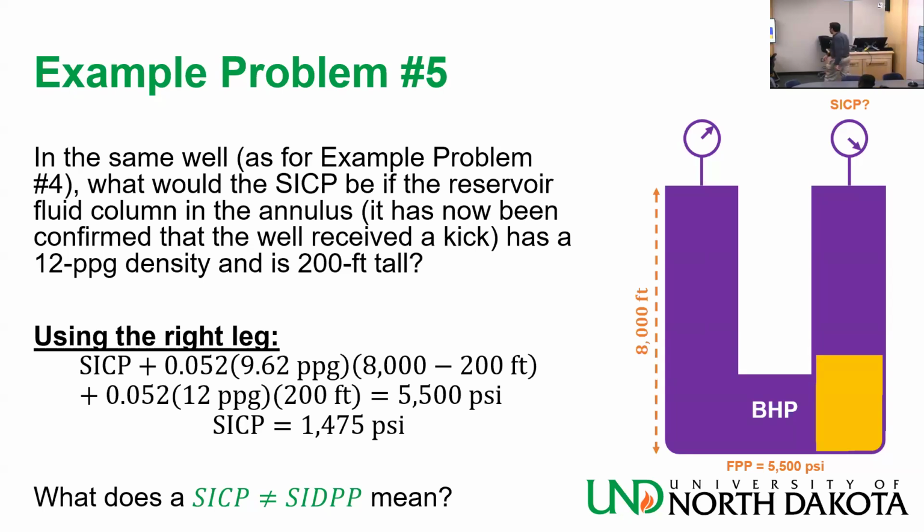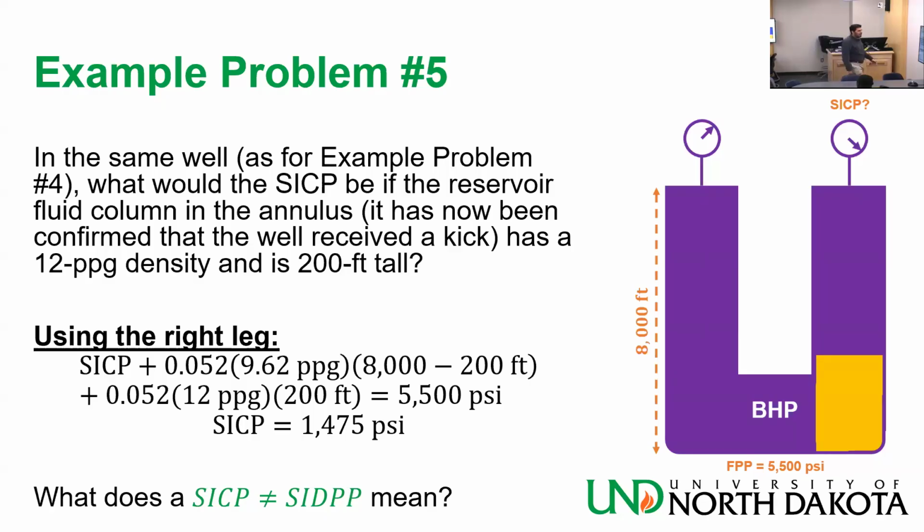So what I'm saying now is that this plus this plus this equals this. Okay, this is what this equation is saying. So SICP, which is unknown, times 0.052 times 9.62. Now, the whole well is 8,000 feet, right? But the yellow is 200.